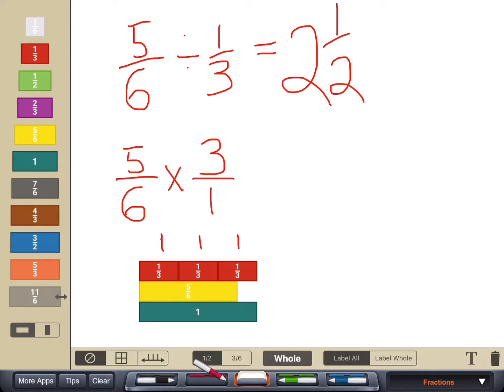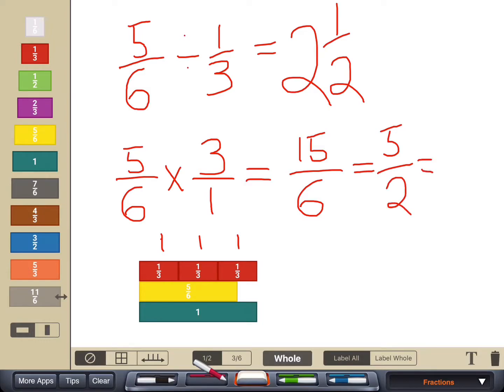And 3 of them go into 1 whole, but how many will go into 5/6? If I do the multiplication, I get 15 for my numerator, I get 6 for my denominator, and if I simplify that, I'm going to divide each of these by 3 to get 5 halves, which does turn into 2.5. So this actually works when we're multiplying fractions times fractions. And what's more, we actually have a reason why it works.